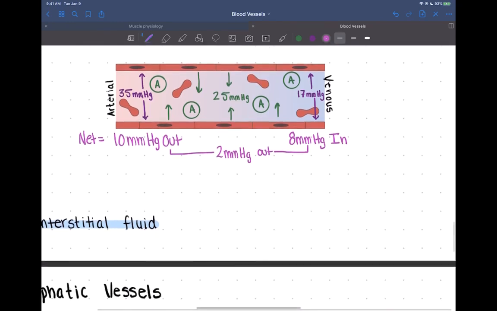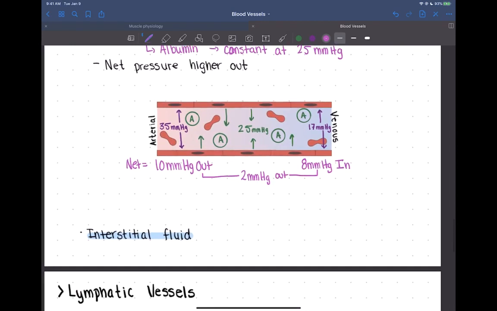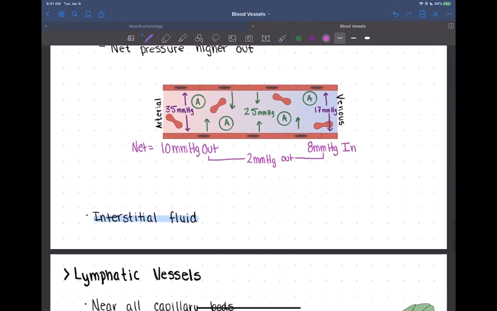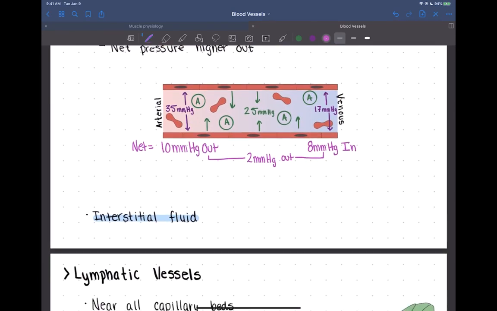And so with that, let me try to get this centered again, okay? With that, we have interstitial fluid that ends up forming outside of the capillaries and kind of around the tissue cells, all right? And so this is the fluid that leaks from the capillary. All right, so typically it's going to be the fluid found around the tissues.